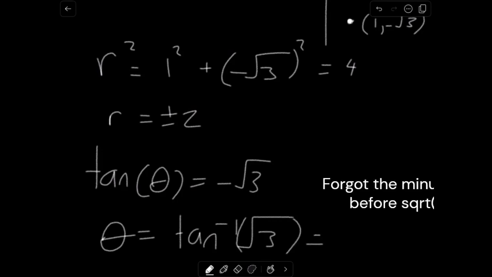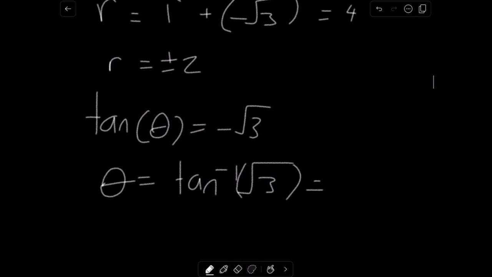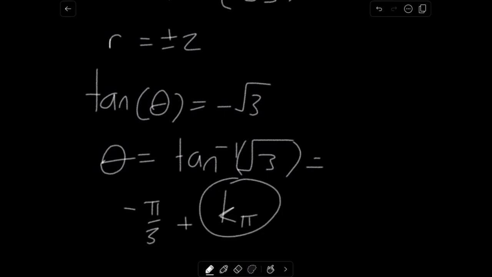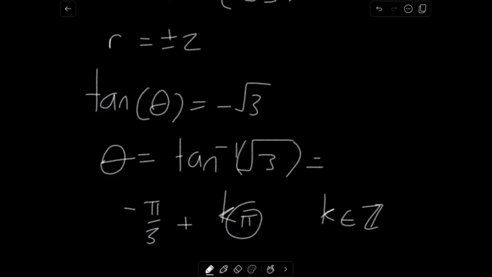And if you use the special angle trig tables, you're going to find that theta is equal to minus pi over 3 plus k pi. And I'm including this plus k pi to account for the periodicity of the tangent function. Remember, the tangent function repeats its value every pi radians, basically every 180 degrees.